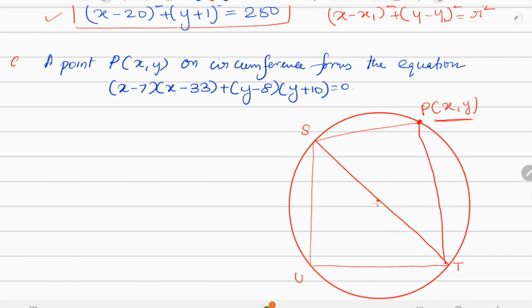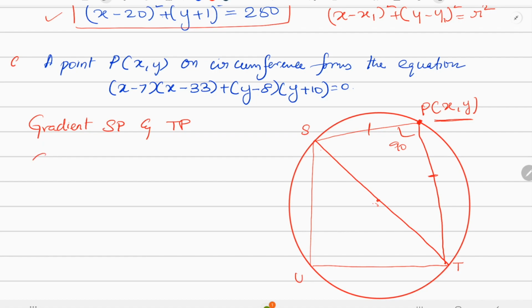So this one is a right angle triangle. That means we need to find the gradient of SP and the gradient of TP.